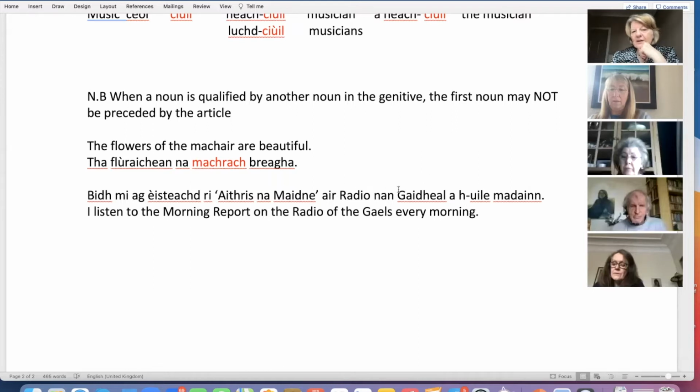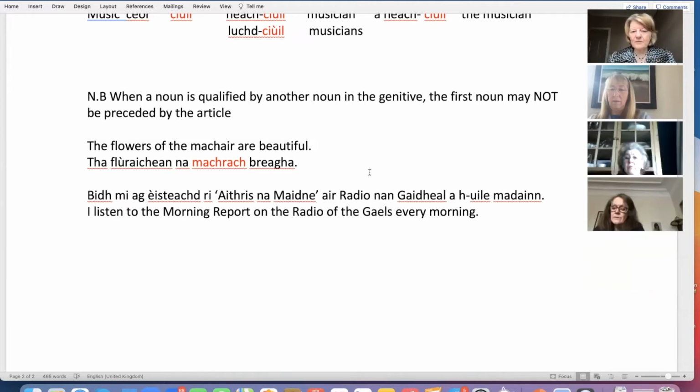Radio of the Gael, not of the Gaels. When it's in the genitive case, it goes back for certain genitives. Other genitives take the plural word, but this one takes radio na Gael. So you've heard of canon na Gael, the language of the Gaels.